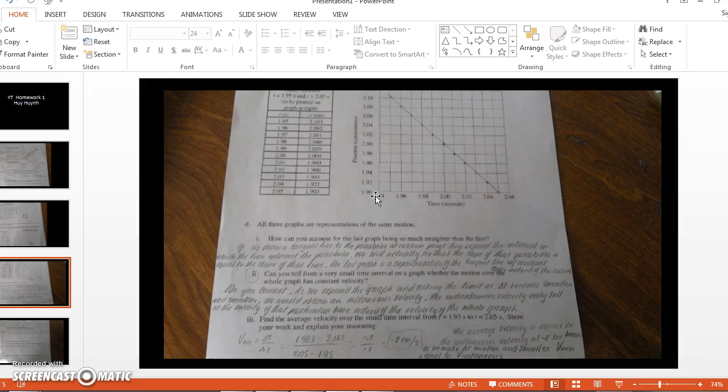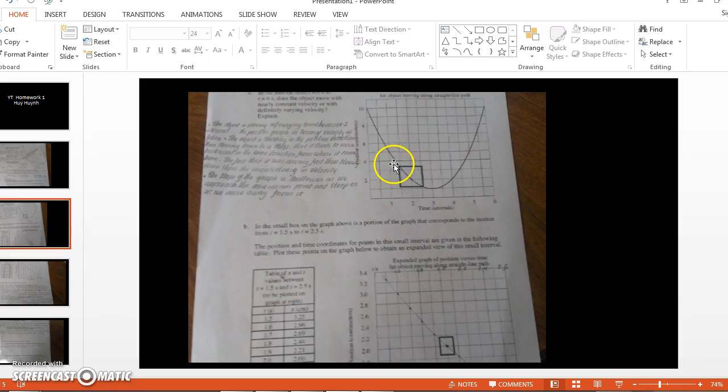So basically, if we draw a tangent line to the parabola at a certain point, and then we expand the interval, going to an even smaller t, we would see that the slope of the parabola is equal to the slope of the tangent line.